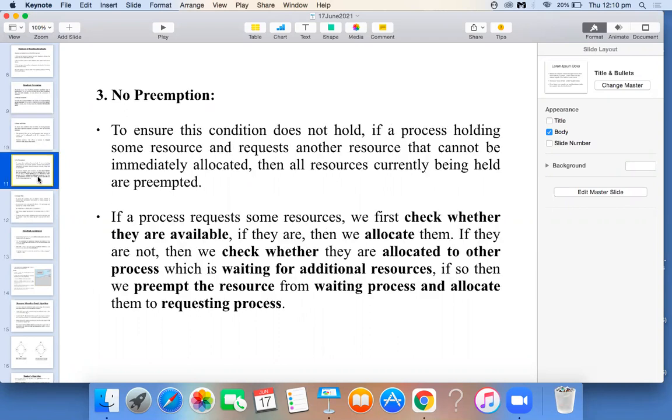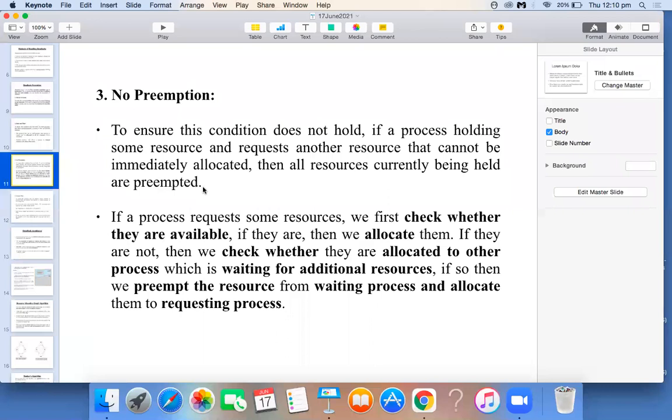The third one was no preemption. Here also there are two ways you can avoid the no preemption condition. The first one is, if a process sends a request for a resource, and you cannot allocate that resource to the requesting process immediately, then whichever processes are holding resources, you forcefully remove all those resources from the other processes.